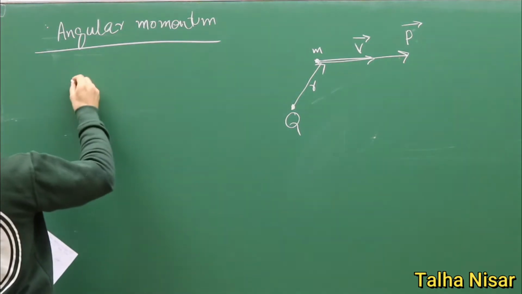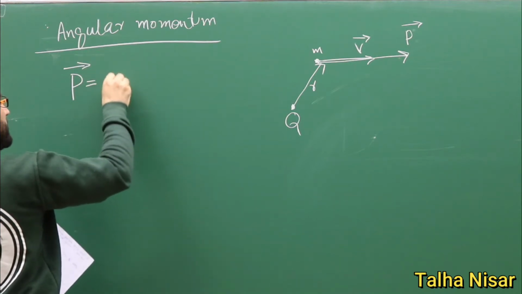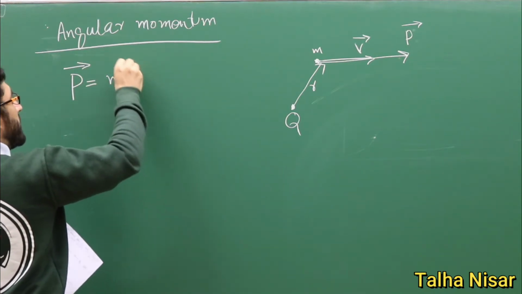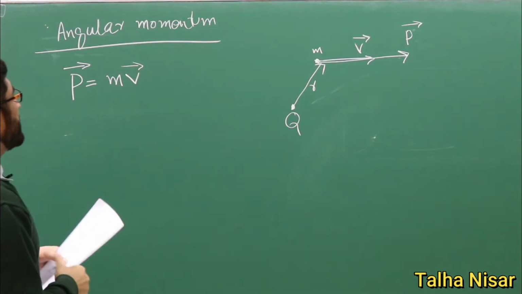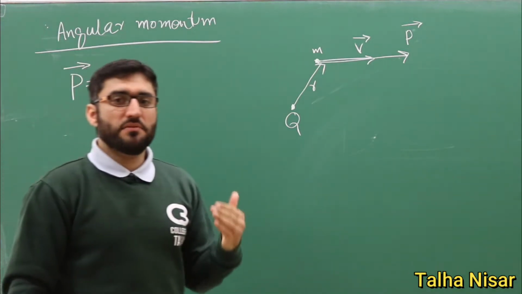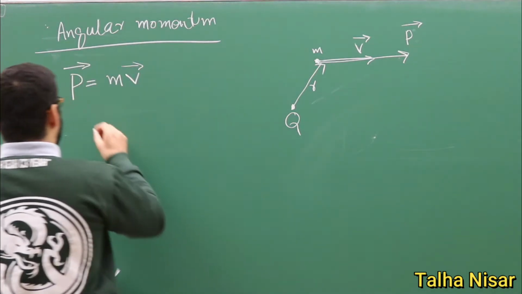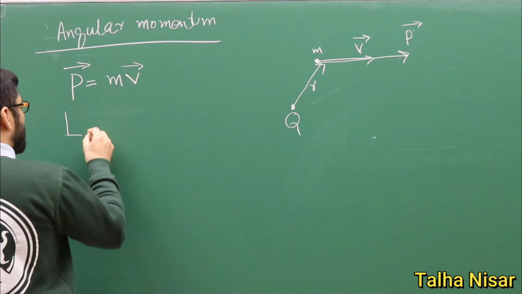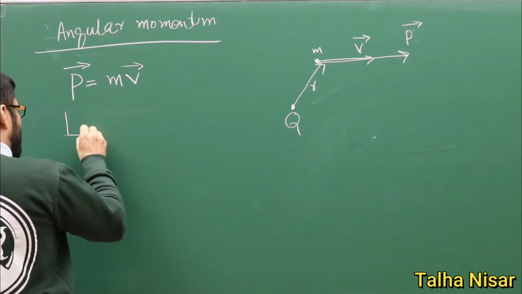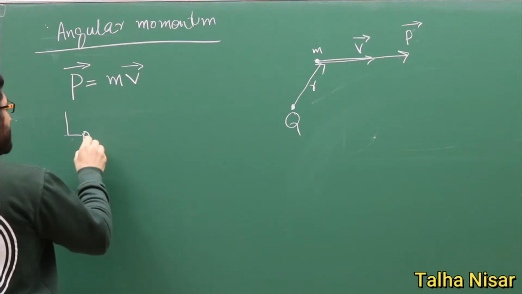First of all, the linear momentum that we have already discussed is mv. Anything that is moving, which has some mass and some velocity, will have linear momentum. And the angular momentum, which is represented by L, with respect to Q here.